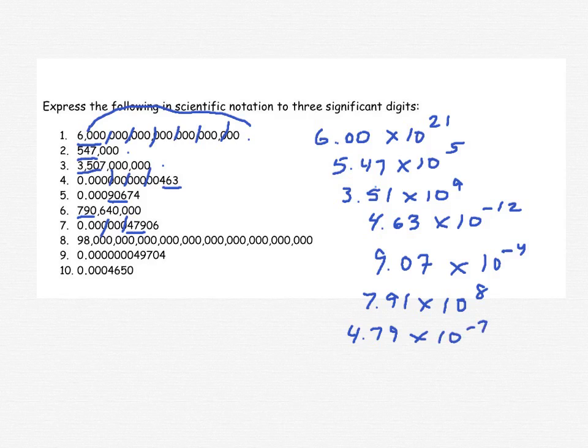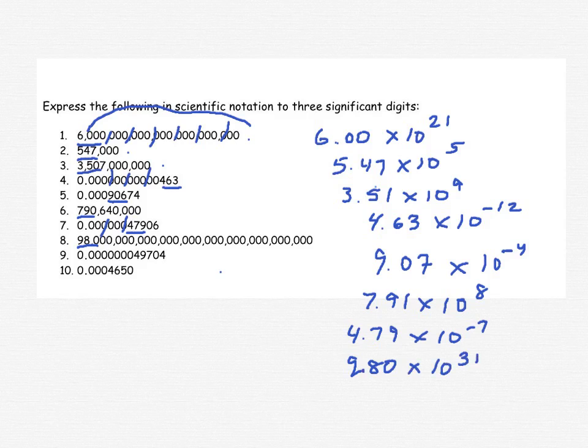Number 8, 3 significant digits. So 980. So it's going to become 9.80. And that's 3, 6, 9, 12, 15, 18, 21, 24, 27, 31. 9.80 by 10 to the 31.